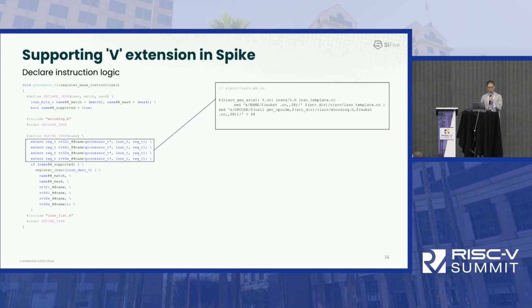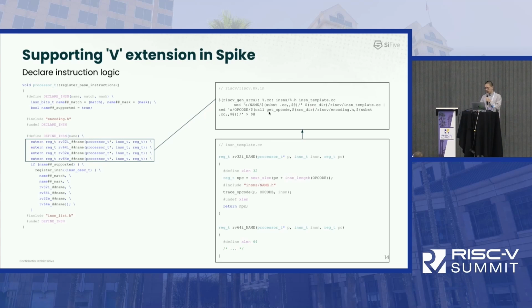Well, starting from the same makefile, the instruction leverages the instruction template. As you can see, there's a sed command right here, and it takes the instruction template.cc, and through the aforementioned mnemonics, the instruction mnemonics will replace the name right here into the function that would constitute the declaration for this external function, which would be expanded by the DEFINE_INSN macro.